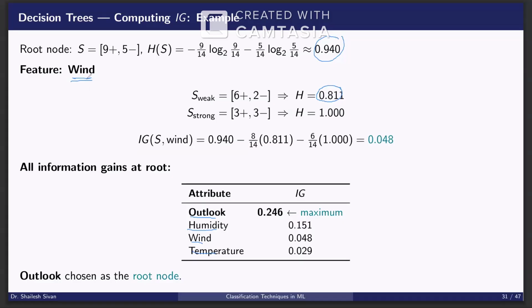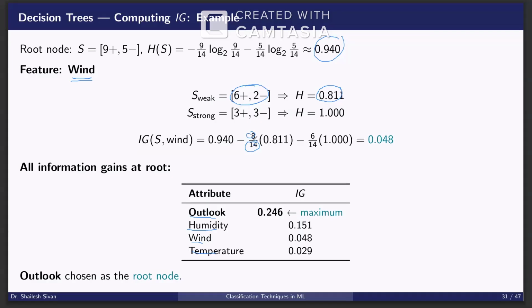For the wind feature, how were we able to get that 8/14? 8 is the number of elements in that subset, divided by the total number of elements.